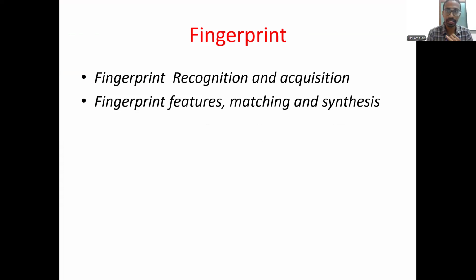Then we discussed the difference between image enhancement and image segmentation, and how image segmentation happens, which is through machine learning algorithms. And we discussed the flow chart of image segmentation in the last lecture.